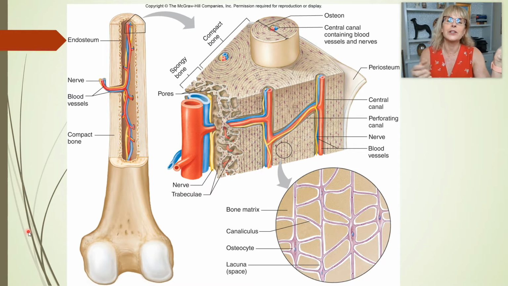If they ever notice an area that's damaged, they're going to send out a call for help, and that will attract cells called osteoclasts to the area. We learned that osteoclasts chew up bone, and after the bone area gets chewed up, it's designed for osteoblasts to come in and rebuild that area of bone.